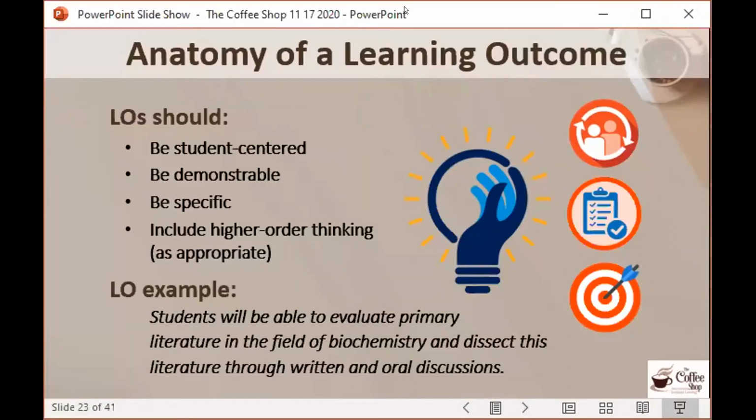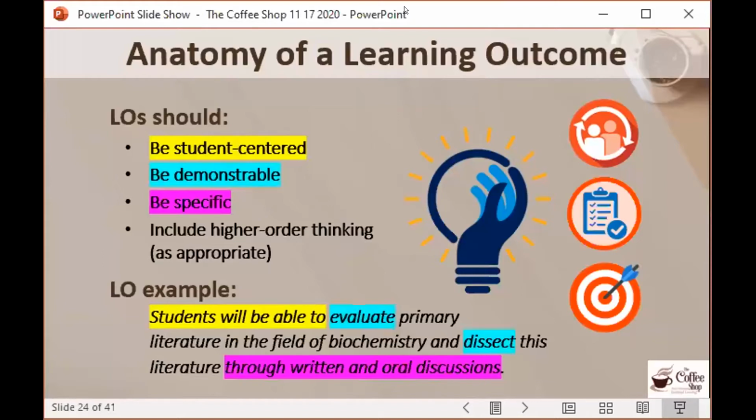Okay, so below I have a learning outcome for my biochemistry course. So let's dissect this learning outcome and see where all of these pieces fit in. To make something student-centered, very easy, start it with students will. To be demonstrable, you have to use these action verbs.